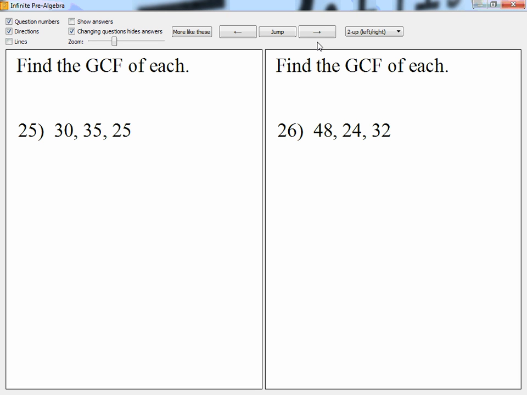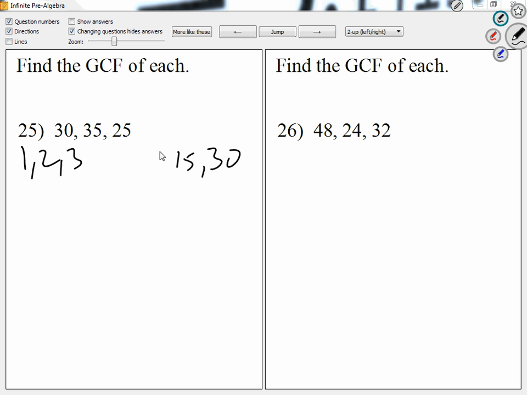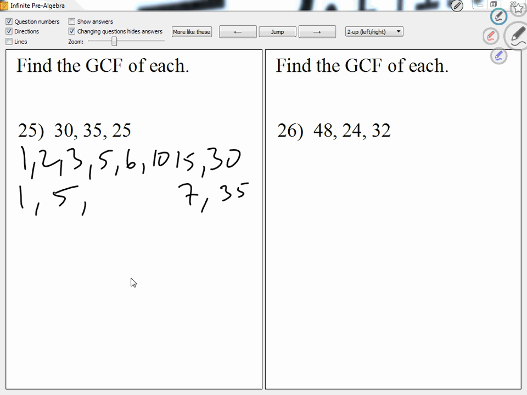The way we're going to do this, you can make your list. The factors of 30 are 1 and 30, 2 and 15, 3 times 10, and then 5 times 6. Those are all the factors of 30. The factors of 35 are 1 and 35, 5 and 7, and then nothing else.